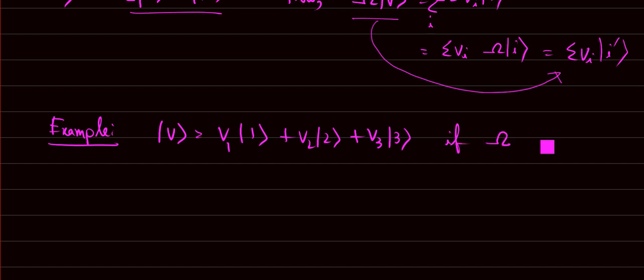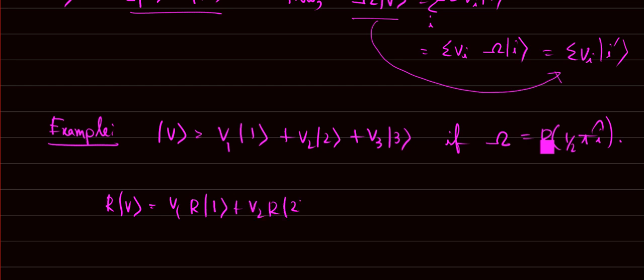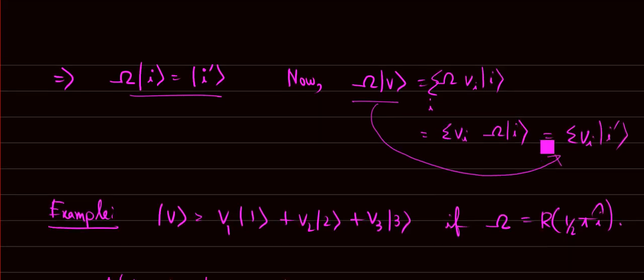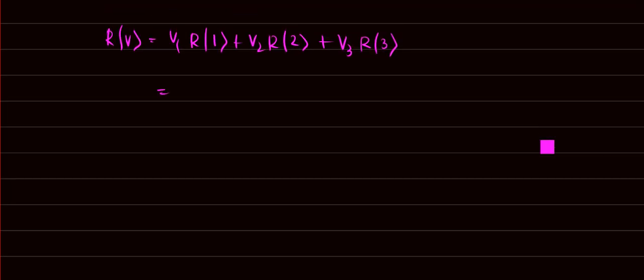If my operator omega is the counterclockwise rotation about the unit vector i cap, so R V can be written like this, and from the earlier example we all know what 1, 2 and 3 mean.